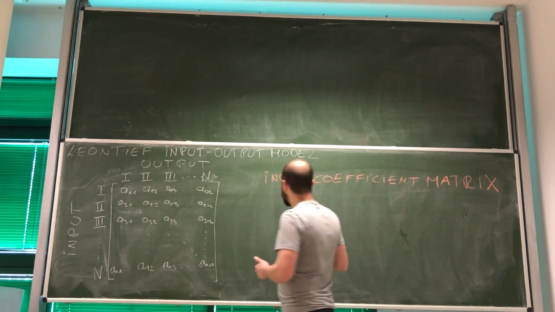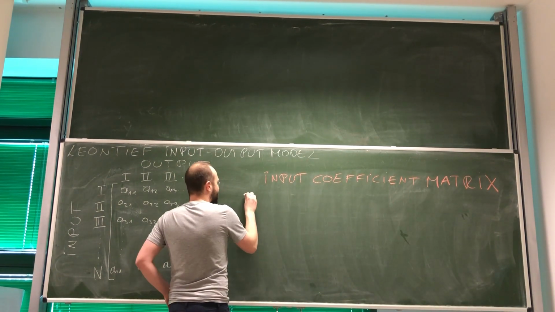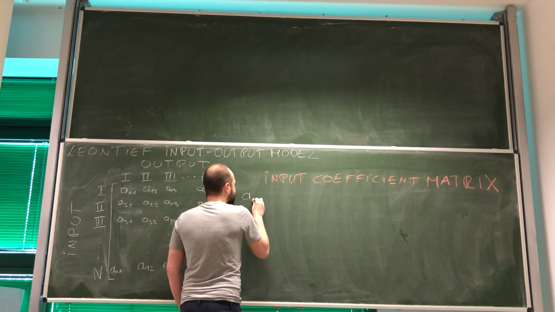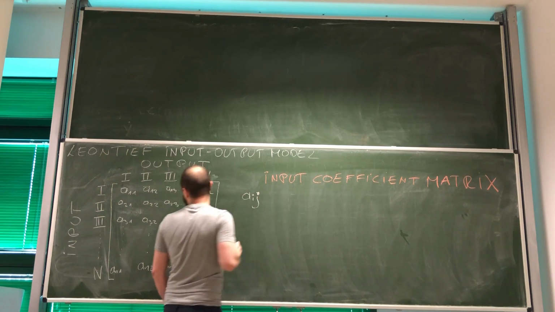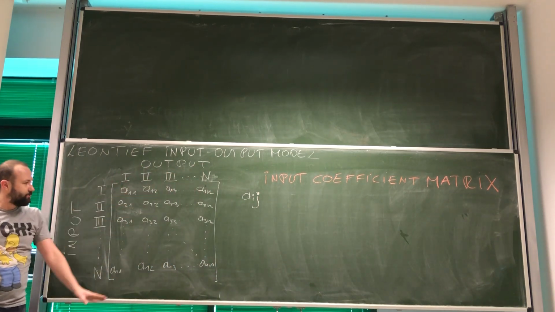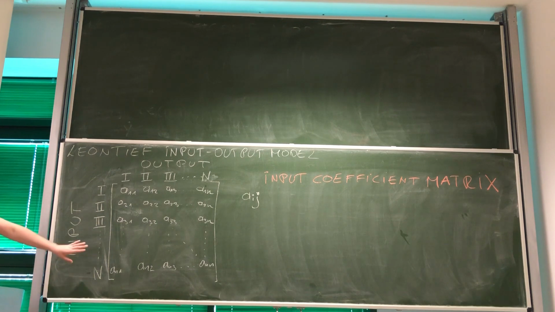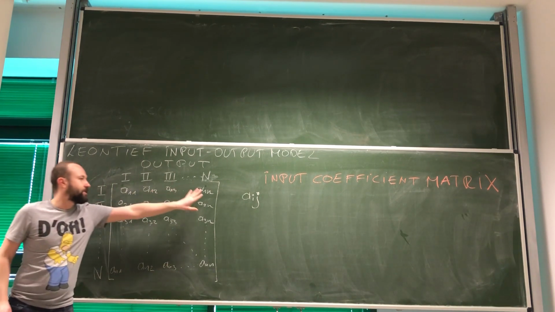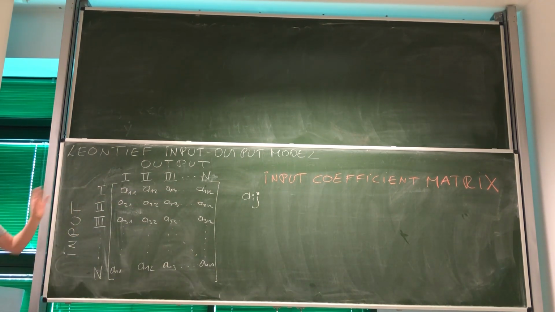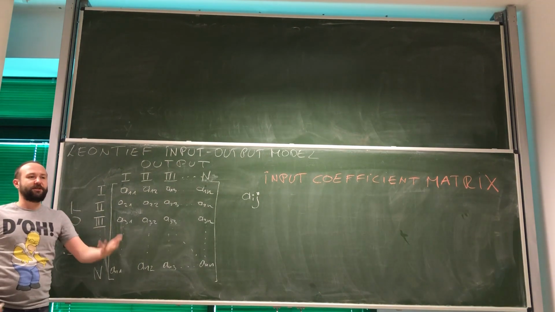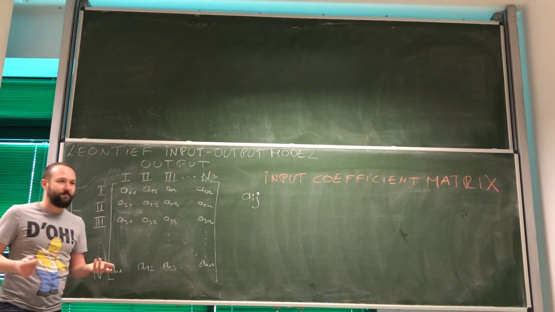Okay, so let's start very simply. What is Aij? Aij, as you see over here, will describe some element out of this matrix. But of course, what does it exactly mean?